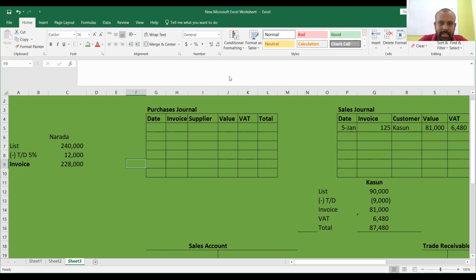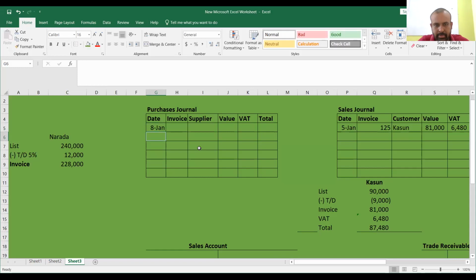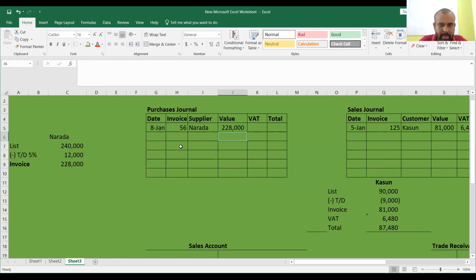So from whom have we purchased this? 8 January from Narada. Invoice price is 228,000, then you record 228,000. So our purchase value is 228,000. But we also have to pay VAT on it.